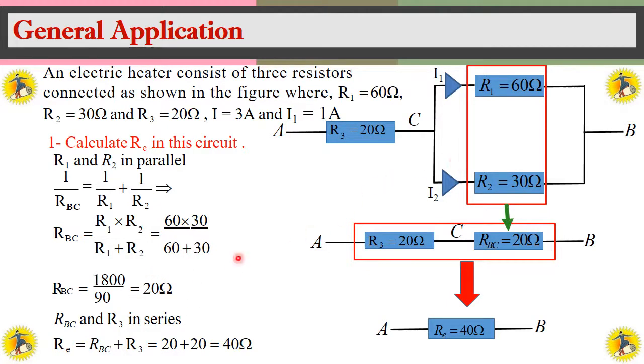Now we will add this with R3. We will get 40 since they are in series.